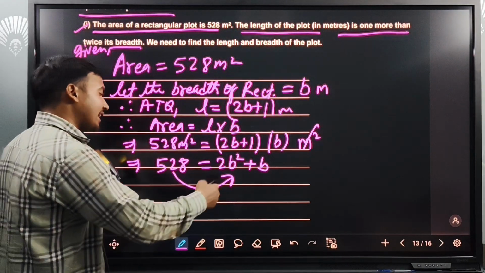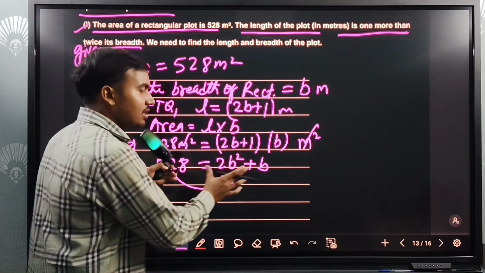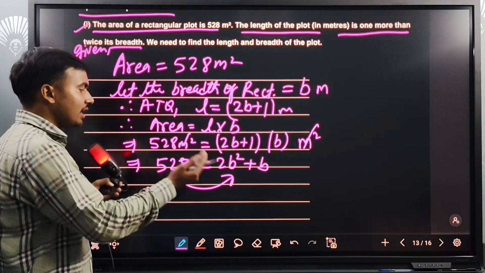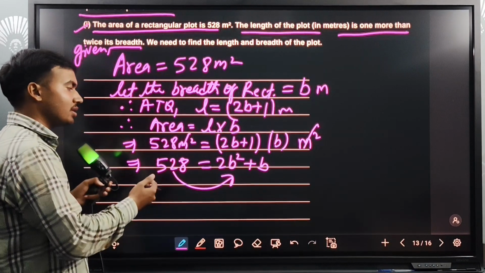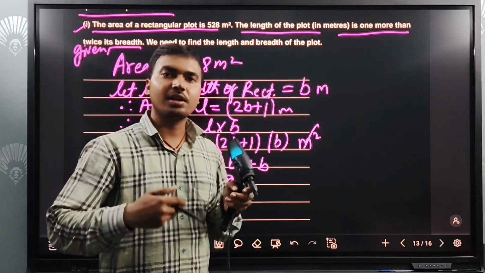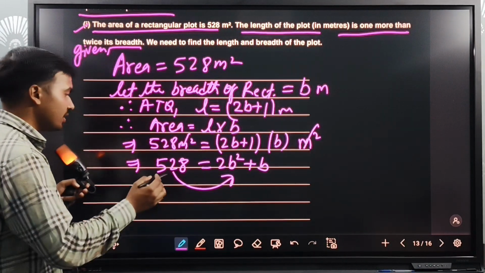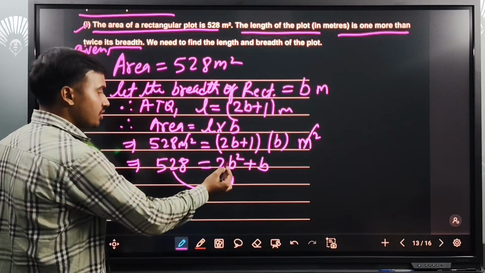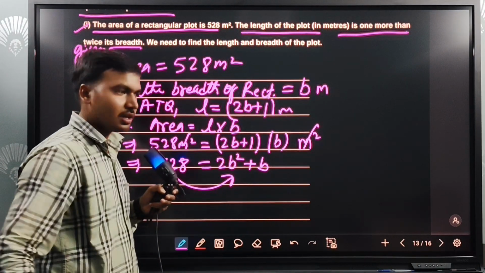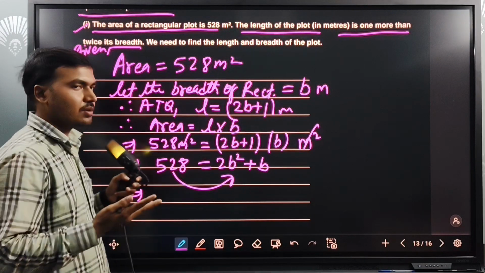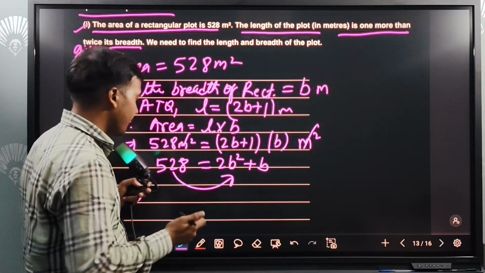Either you can take this to the right hand side and write the whole terms on the left hand side and put 0 on the right hand side, or you can bring all the terms to the left hand side and multiply by -1, so you get a positive coefficient of b square. You can follow any step you are comfortable with.